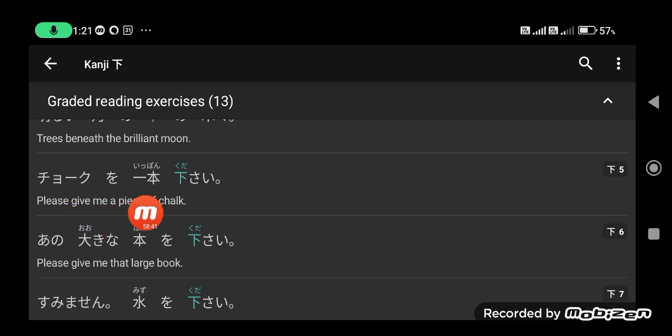Or please give me a piece of chalk. Chooku wo ippon kudasai. The hon here is a counter for long things. But because of kanji compounding, after the ichi, the hon becomes pon, a stressed p, because the tsu affects the consonant part of hon.